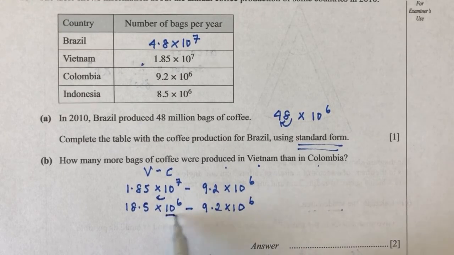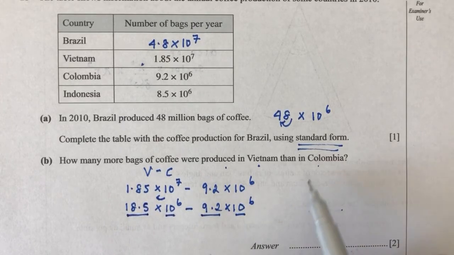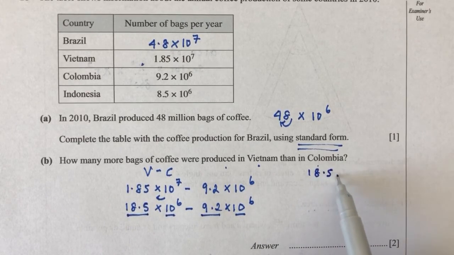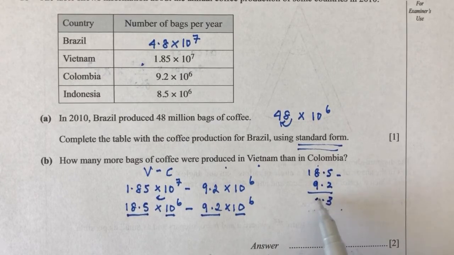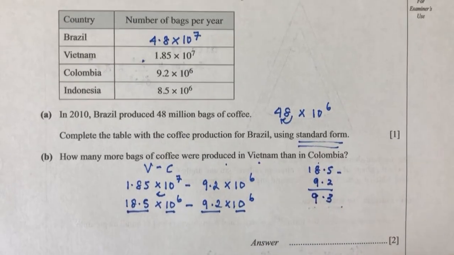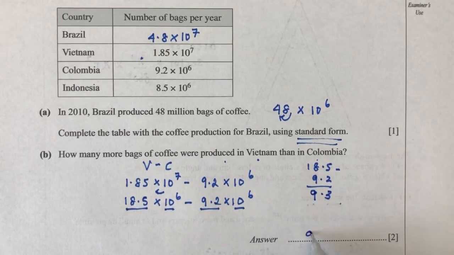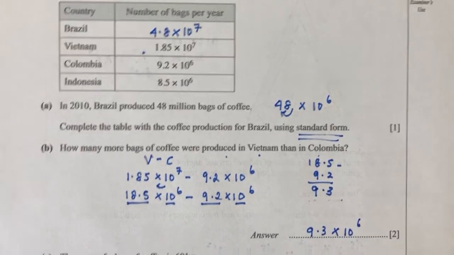So now we have power 6, power 6, we can just subtract these two. So 18.5 minus 9.2 is 9.3. So the answer will be 9.3 times 10 power 6.